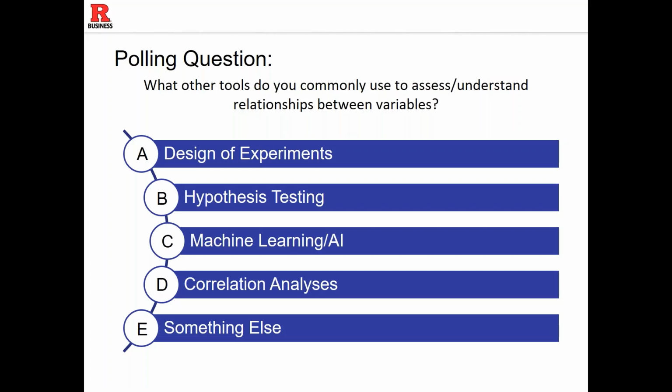What I found in practice is that some version of B or D are, if you have data, more normal, or what's expected, and B and D are actually very related in some sense. You can throw in regression into that as well, but you could also make the argument that that's part of a hypothesis test also. But usually what we see is B and D, some version of that, and sometimes A if you're able to run experiments.